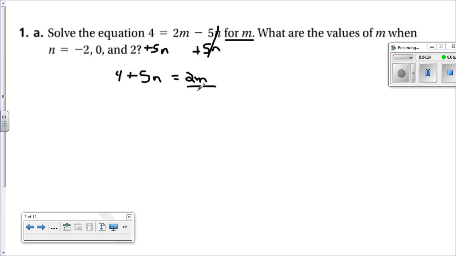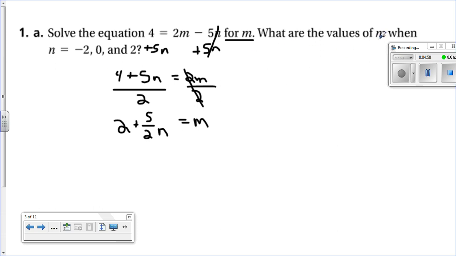And then we're going to have to divide by 2. Those cancel, and we are left with m over here. 4 divided by 2 is 2. 5 divided by 2 is still 5 halves. It's 2 1/2, so you could do either. I'm going to leave it as 5 over 2n.